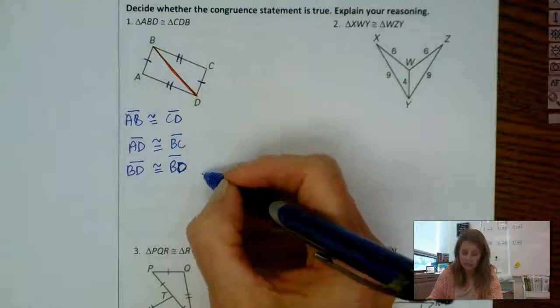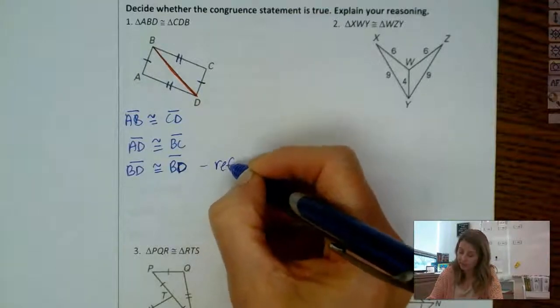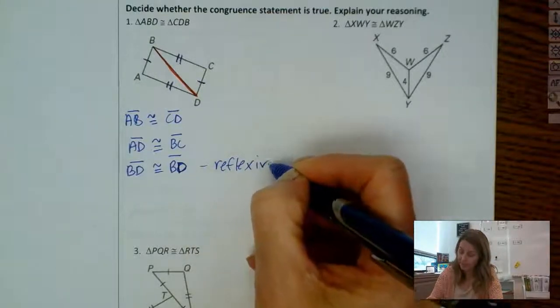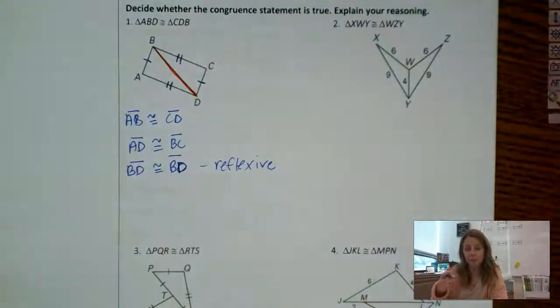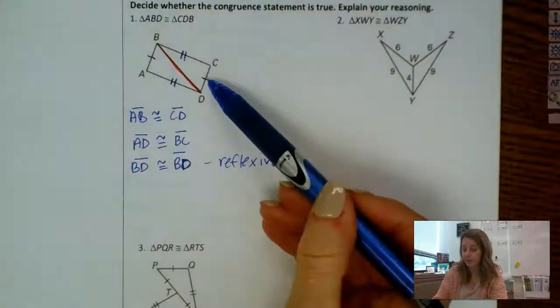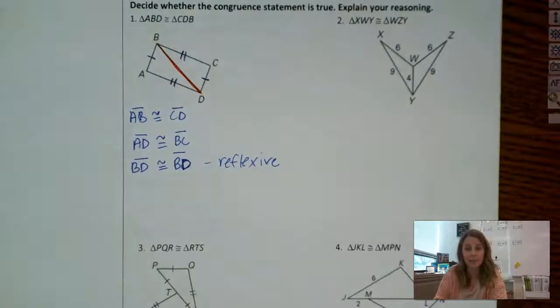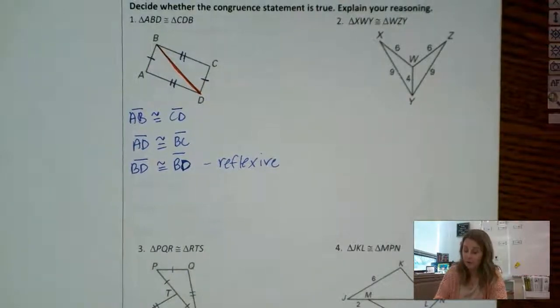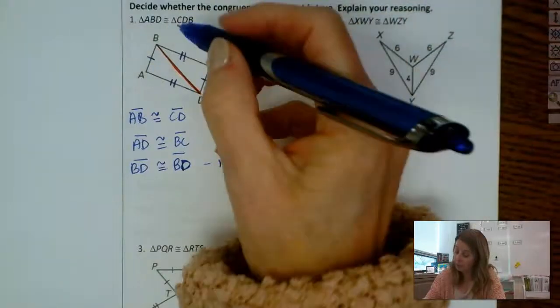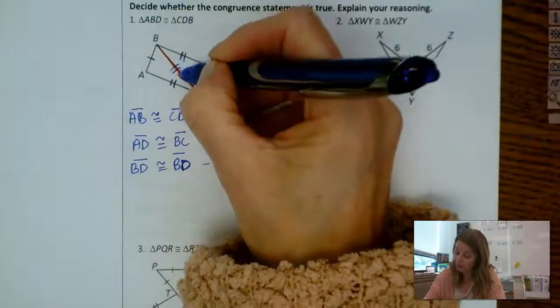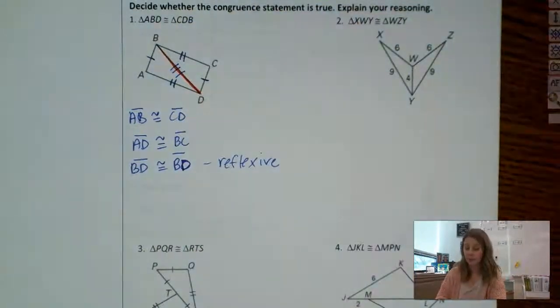So I want to also add here, I'm going to add reflexive, because not only are you supposed to notice what's given to you, and I would consider these tick marks given, you need to find things that are true based on what you know. So I see here, and I actually want you to do this. I want you to put 3 marks right here. Because here's what I want you to see.